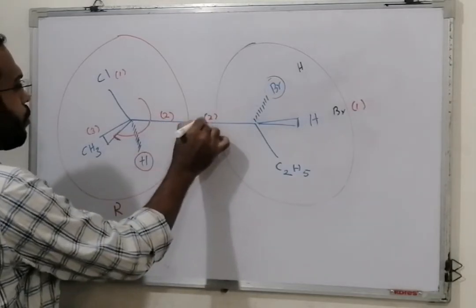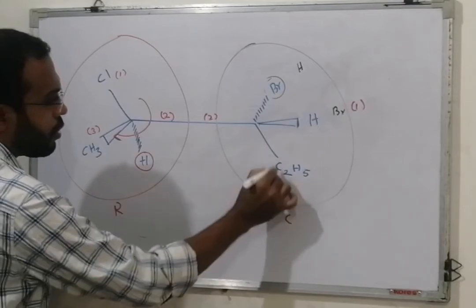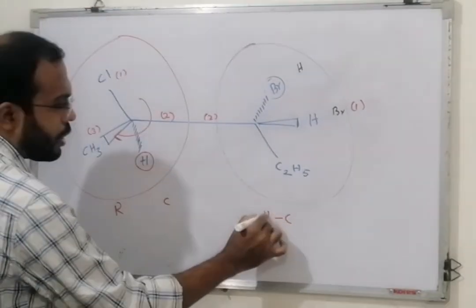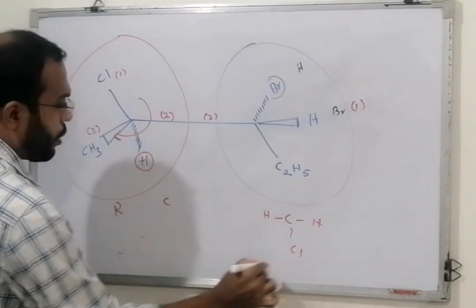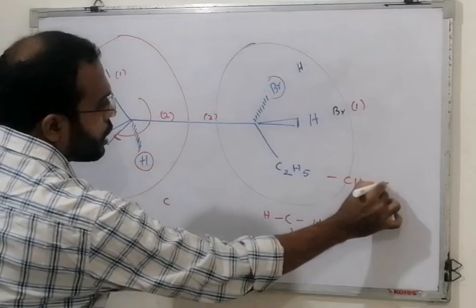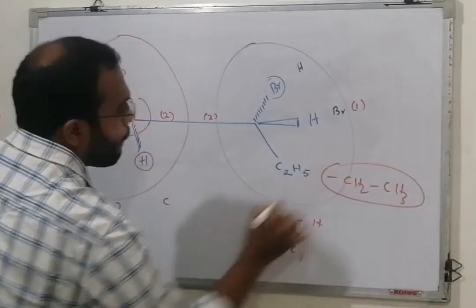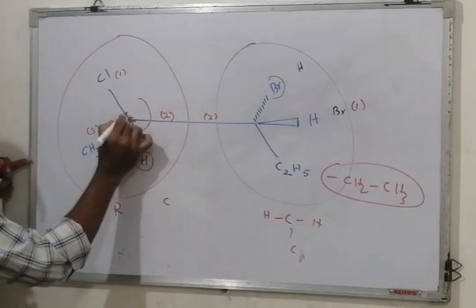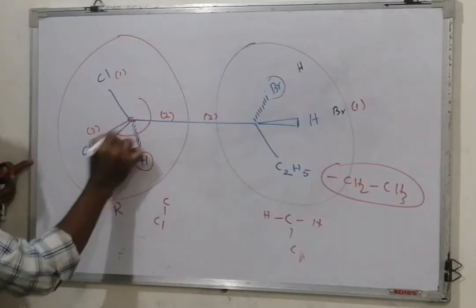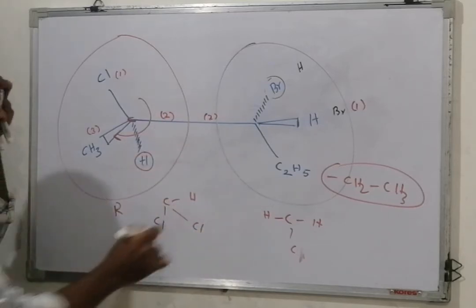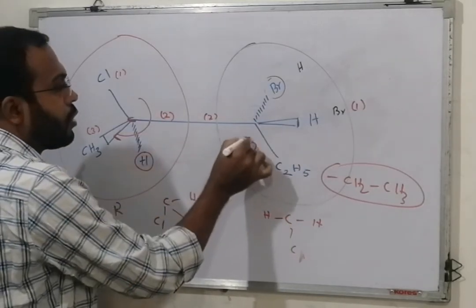This will be the second priority. Why? Because here carbon, here also carbon. This carbon is connected to hydrogen and another carbon. I'm talking about this, CH2, CH3. This is okay. But when you come here, this carbon is connected to a chlorine, a carbon, a hydrogen. Therefore, this has the second priority, then this has the third priority.